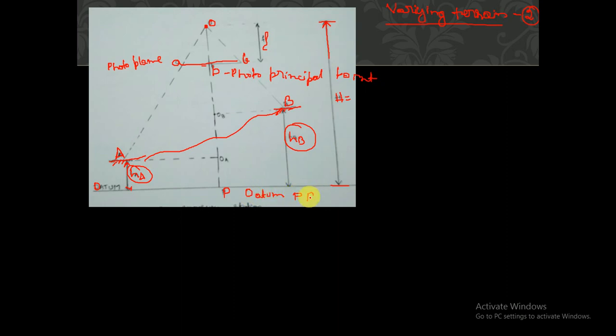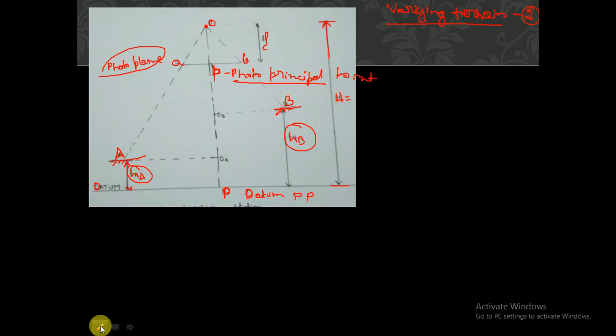O A and O B are the ground principal points for points A and B. So this is the ground surface, and this is the photoplane, the point where the image is formed. This is the difference.